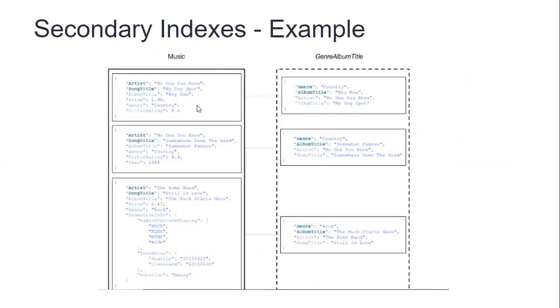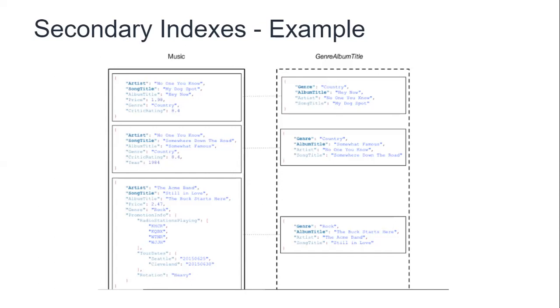So you have a table called Music, and now we can create a secondary index called GenreAlbumTitle. This secondary index is actually created from your table, and you realize that it has all the attributes in your table. However, this time you have 4 attributes available, right?